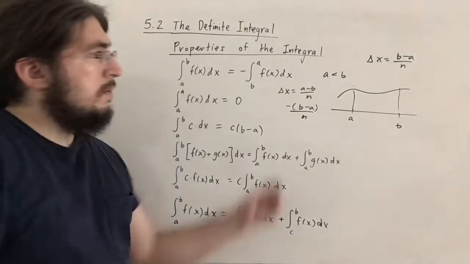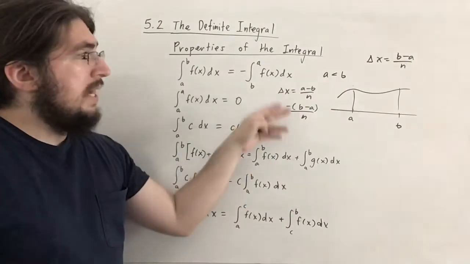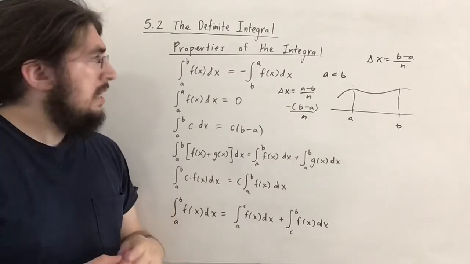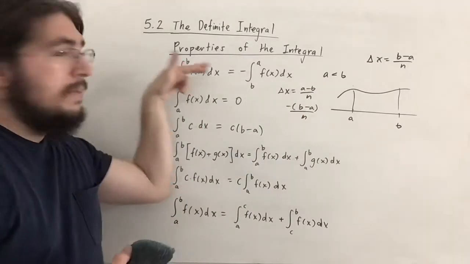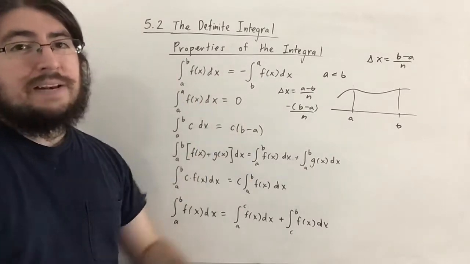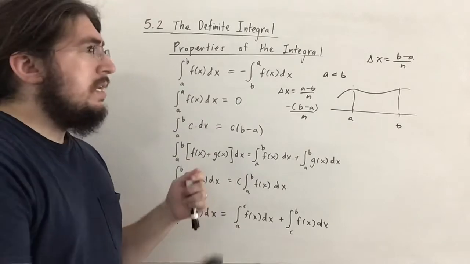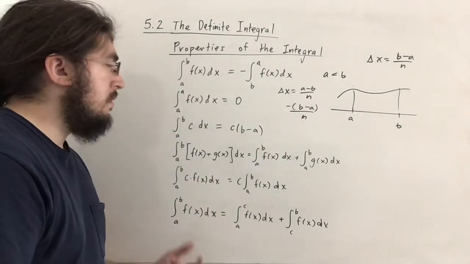So in actuality, we're not really using the fact that a is less than b in this case. This fact is true no matter what. It's just literally this kind of difference swap that happens. So that's the reason why this first one is true. If you swap the limits, you just get the negative of what you would have gotten otherwise. So it has very much this kind of difference feel, that if you take a different way, you get the negative of what you would have gotten otherwise.